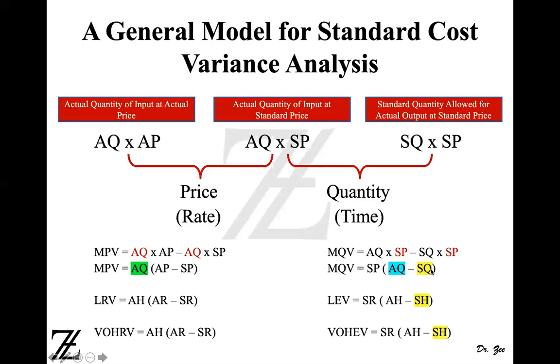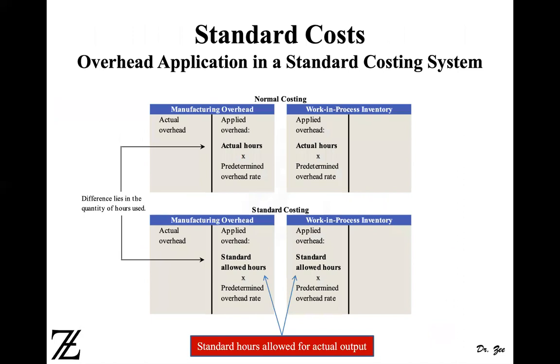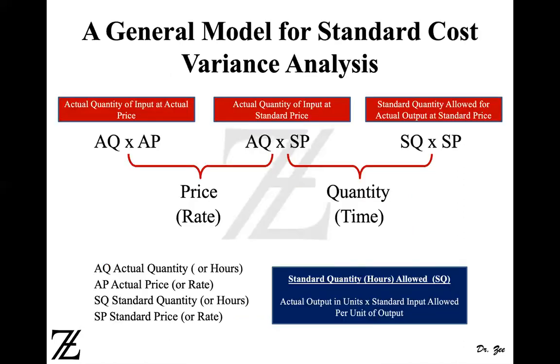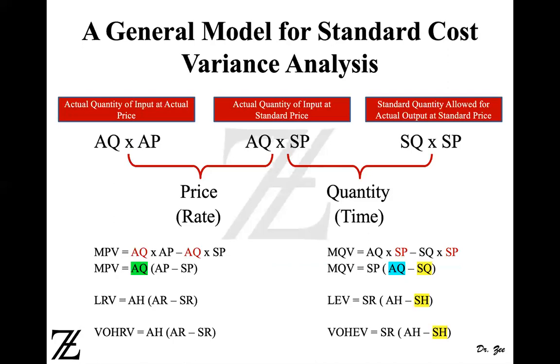Another thing that you need to keep in mind is the standard quantity or standard hours. As I said earlier, when you saw that blue diagram here, it says SQ is the standard quantity allowed, which is the actual output in units times standard input allowed per unit. This is what it's showing you in the highlight, that this is not just SQ itself.